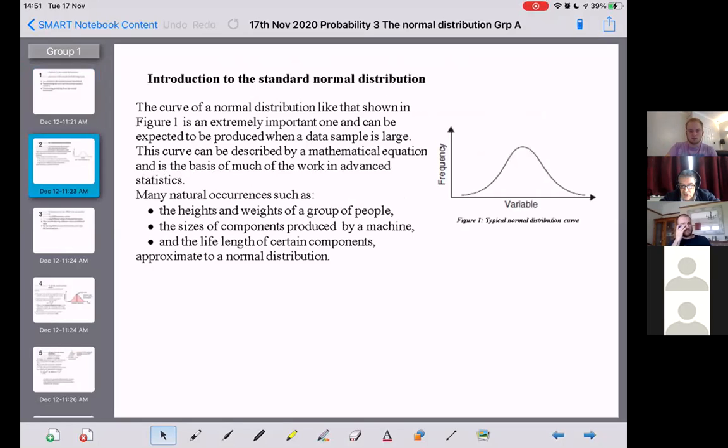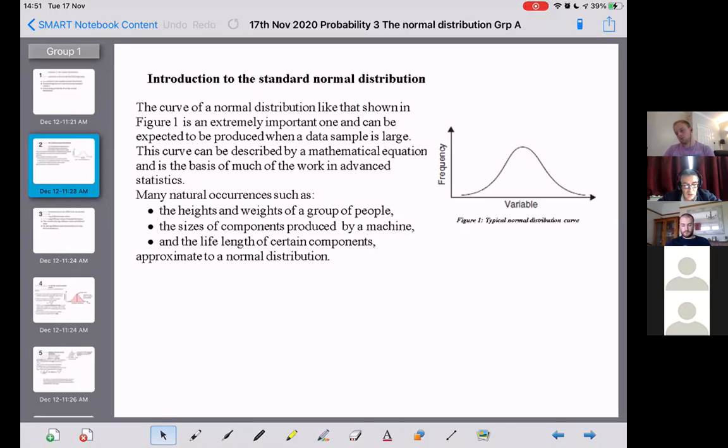If you look, we've got a curve on the right, figure 1. A typical normal distribution curve. It starts off low, goes up to a peak, and then falls away to almost nothing again. Commonly called the bell curve because it looks a little bit like a bell upside down.